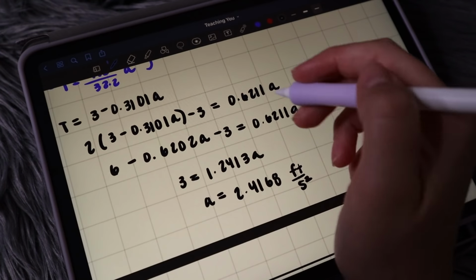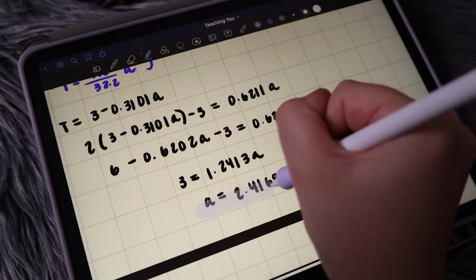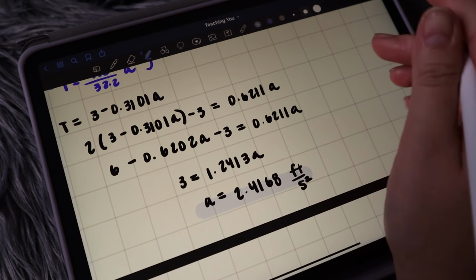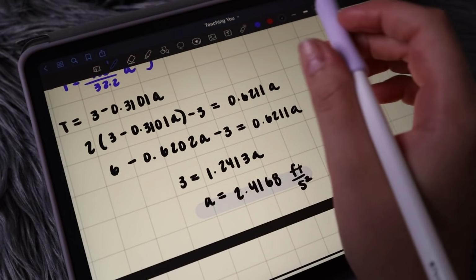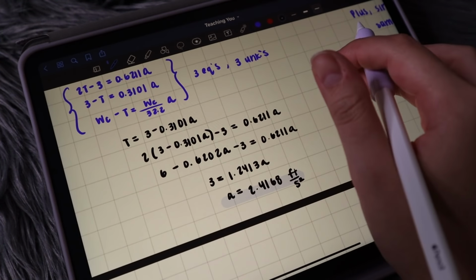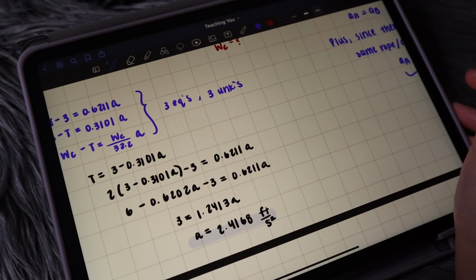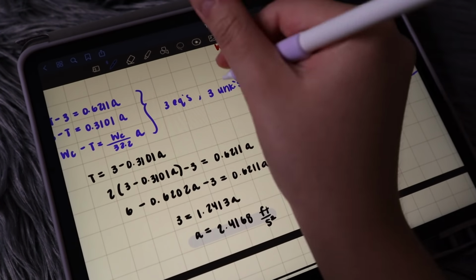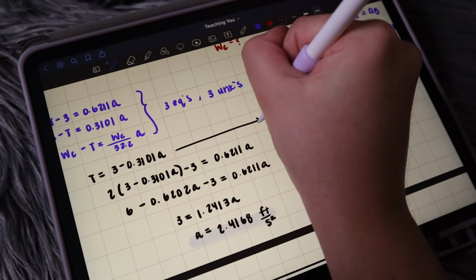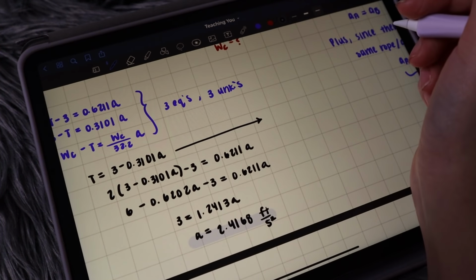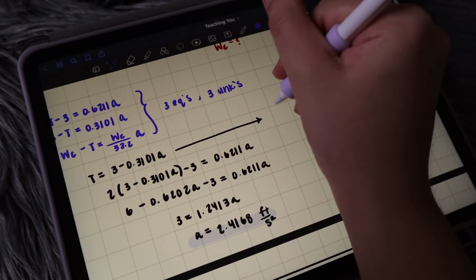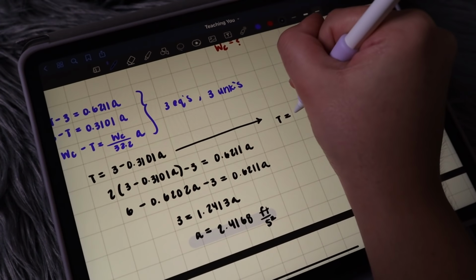So this is not a required answer, but you do need it to solve the rest of the problem. So we're just gonna kind of backtrack and plug back in numbers. So we need to solve for t, so let's use this equation.